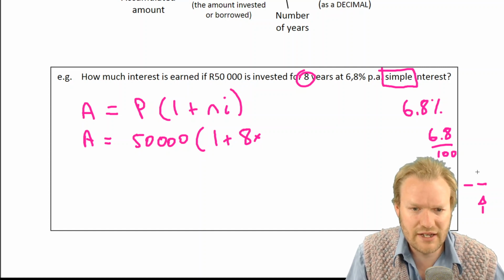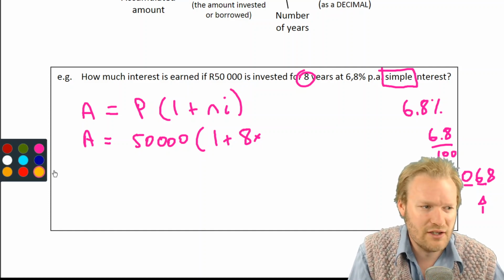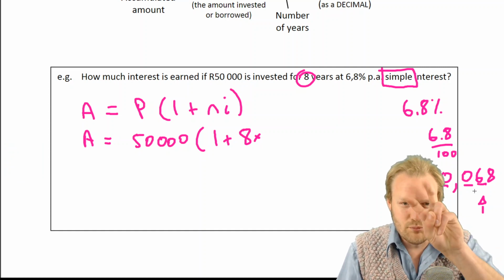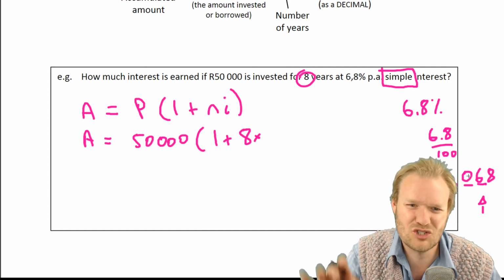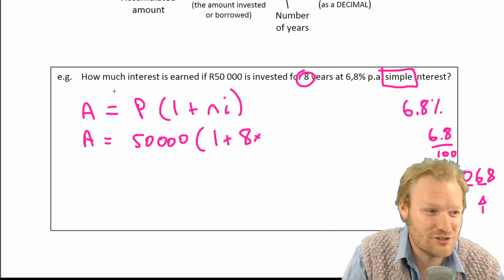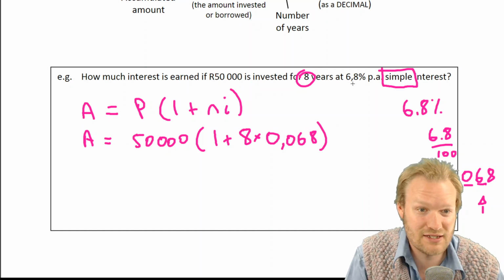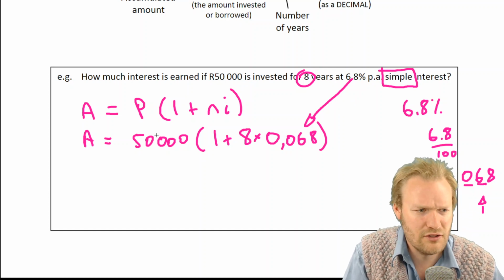So if you've got 6,8, you've got 0,068. The decimal comma, like in scientific notation days, has moved by 2 places, as you've divided by 100, sort of. So that number is the same as 0,068. That is 6.8%.